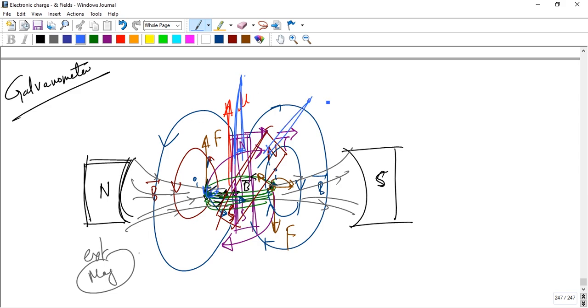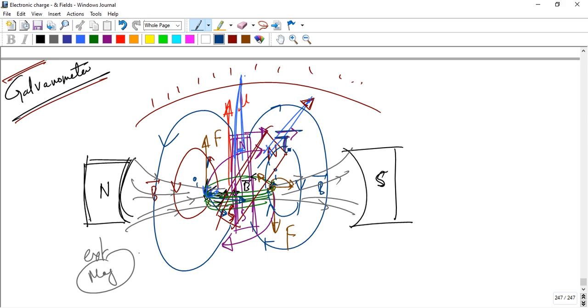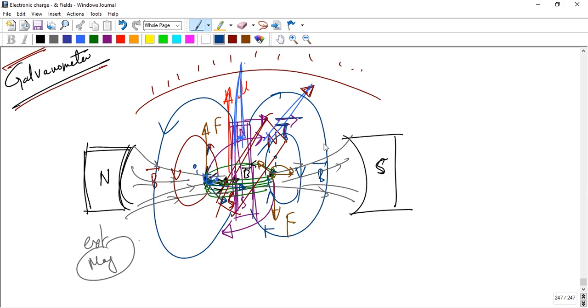This is the indicator, and there is a meter here. So with the help of this concept we design the galvanometer. Here the torque, this rotation, is torque tau. Now we draw a face diagram here.